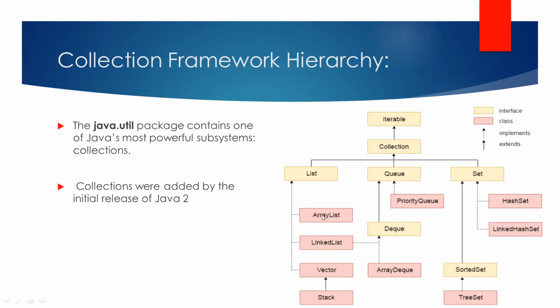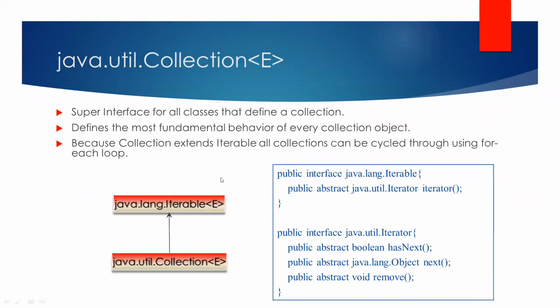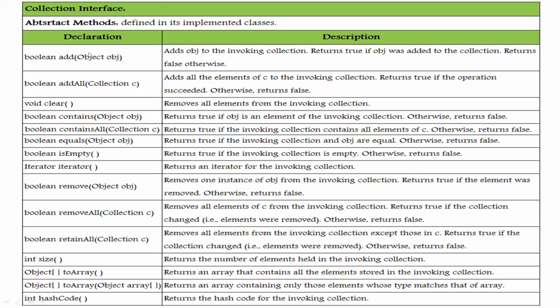Okay, so one type of collection we have already seen, that is array list, and we have seen a number of methods which are common to every collection class, because these methods are defined inside the collection interface, and collection interface is the supermost interface for collection hierarchy.